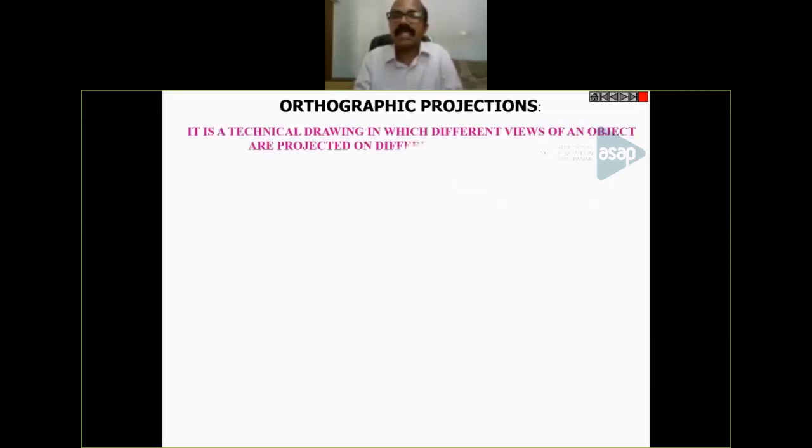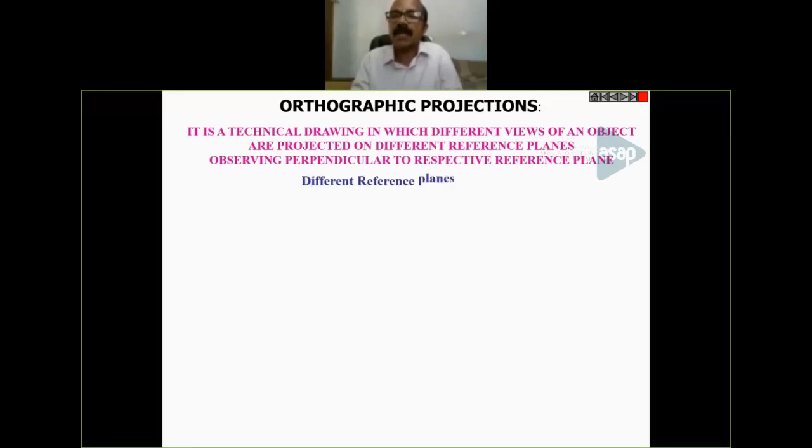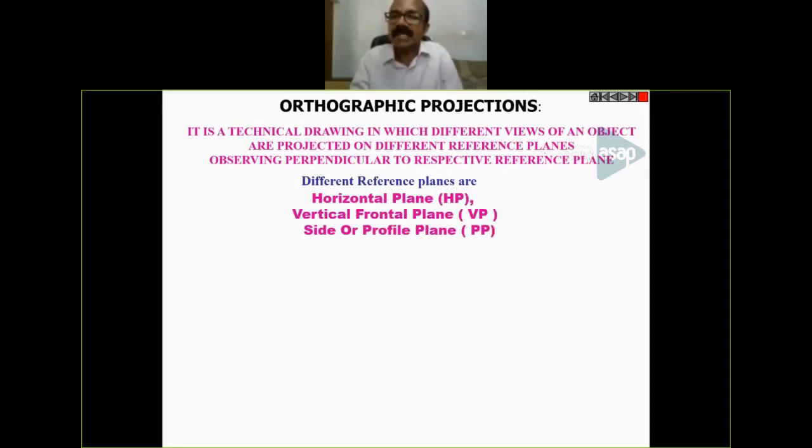Orthographic projection is a technical drawing in which different views of an object are projected on different reference planes, observing perpendicular to the respective reference plane. Different reference planes are, first one, the horizontal plane, HP is the notation, and the vertical plane, VP is the notation, and then the side view plane or profile plane, PP is the notation.